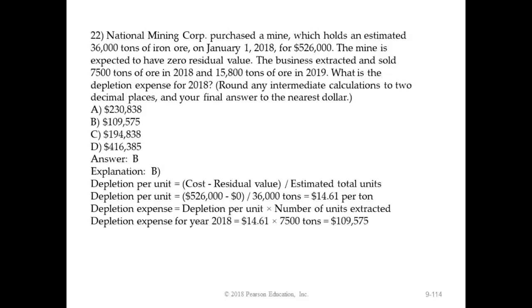So I'm going to come up with a depletion per unit of $14.61. My depletion expense for the year is going to be my depletion per unit of $14.61 times the 7,500 tons of ore we extracted. So I'm going to multiply 14.61 times 7,500 tons, and I should get a depletion expense for the year of $109,575.